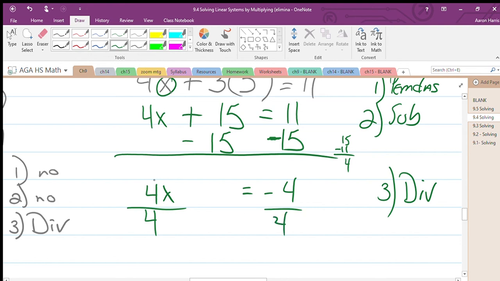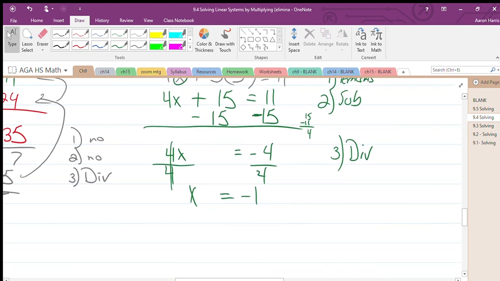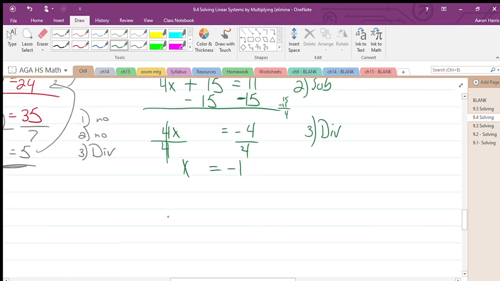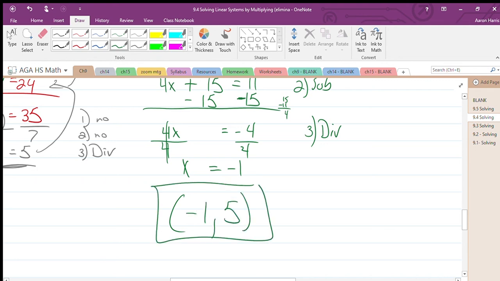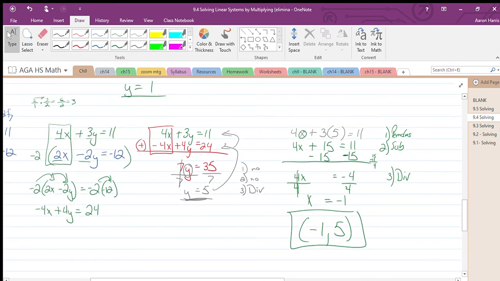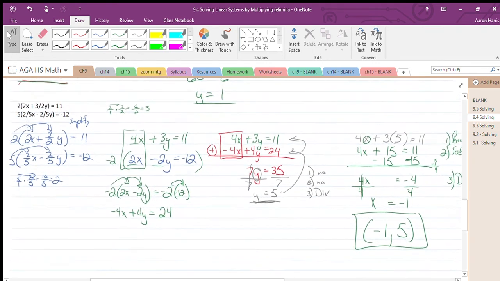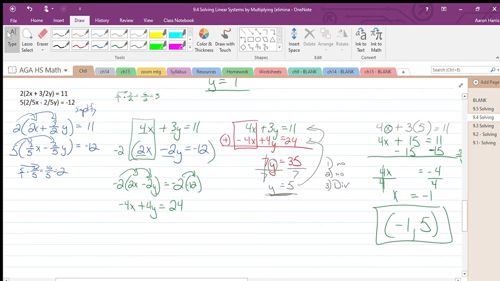Divide by 4. I get x equals negative 1. So when y is 5, x is negative 1. So the original equations, which are way over here, when I graph them, they would intersect at negative 1, 5.